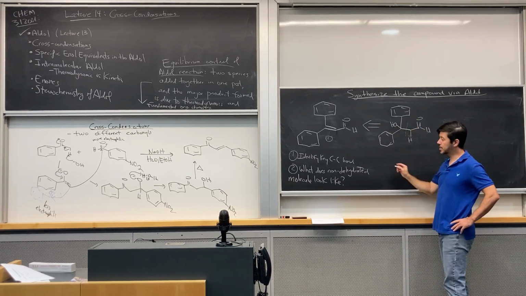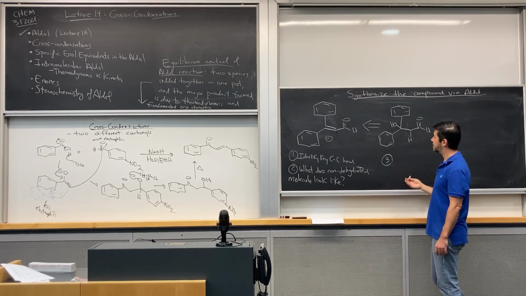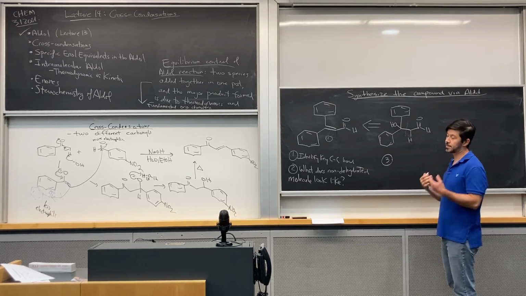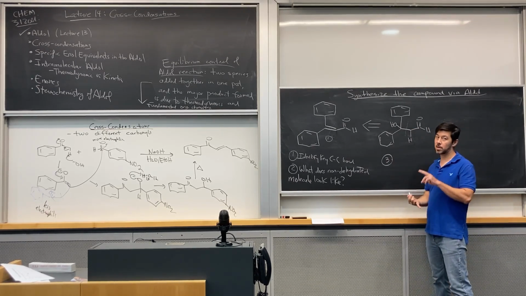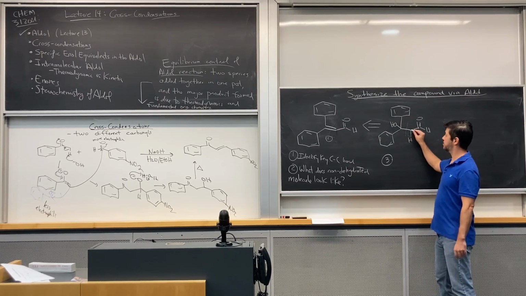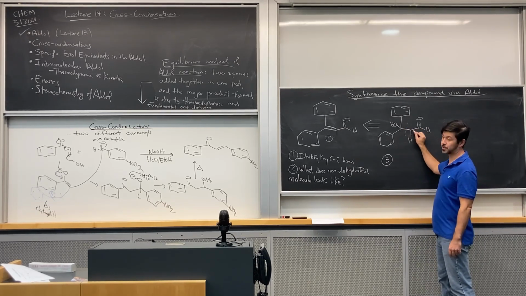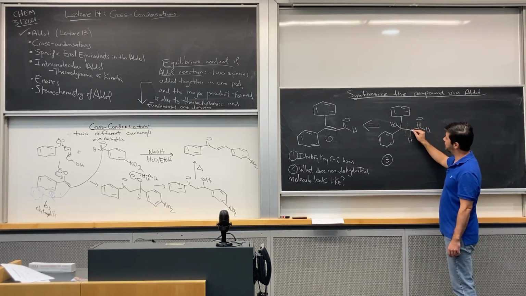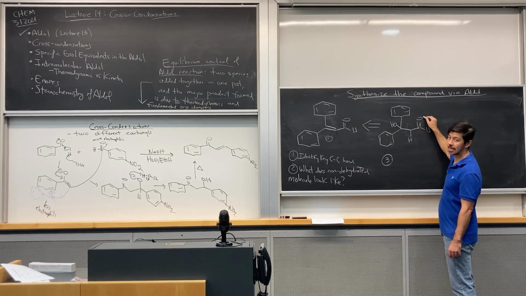And then step 3 is going to be identify your nucleophile and your electrophile. So did the reaction form this way or did it form this way? All right, so if you formed the carbon-carbon bond this way, this must have been an enolate.